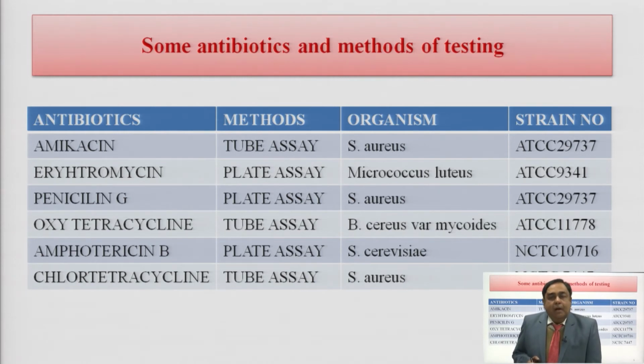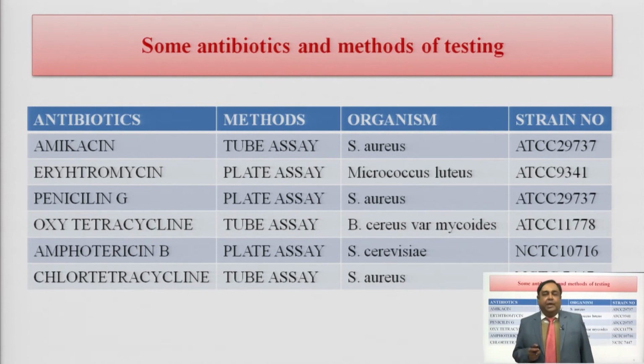Erythromycin is estimated by the couplet method, where the microorganism recommended is Micrococcus luteus ATCC 9341. Similarly, penicillin G, estimated again by couplet method, where the microorganism recommended by IP is S. aureus ATCC 29737.